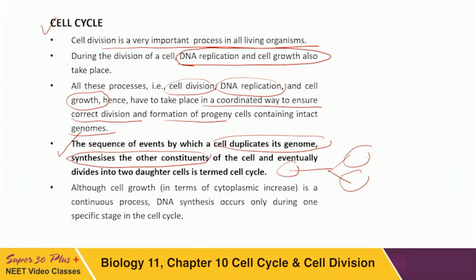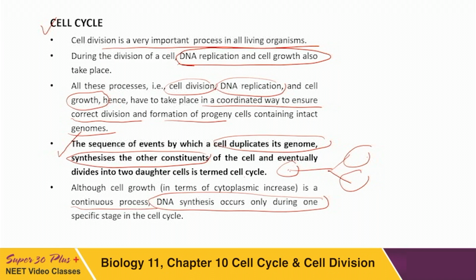From one we get two cells, and in this there is a sequence of events: DNA will be duplicated, all other constituents of the cell will also be duplicated, and ultimately the parent cell will divide into two. That is, cell growth in terms of cytoplasmic increase is a continuous process. The cell used to grow. DNA synthesis doesn't happen in all these stages. A particular sequence is there which we have to see in time to come.